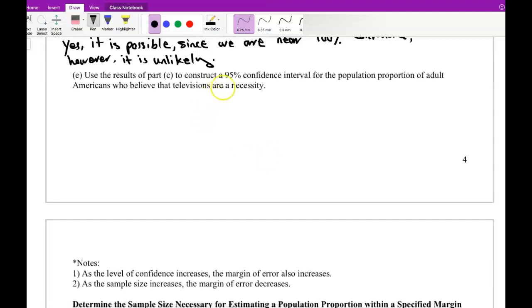And then part E used the result of part C. So again, we have 95% confidence interval for the population proportion of adult Americans, but in this case, they believe that televisions are necessities, so it's not luxury.